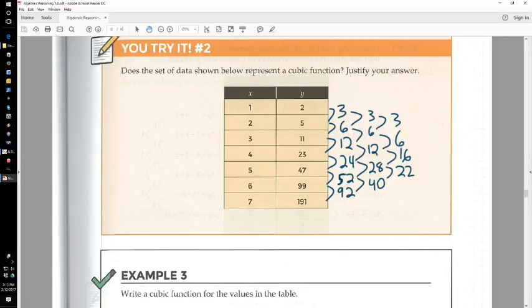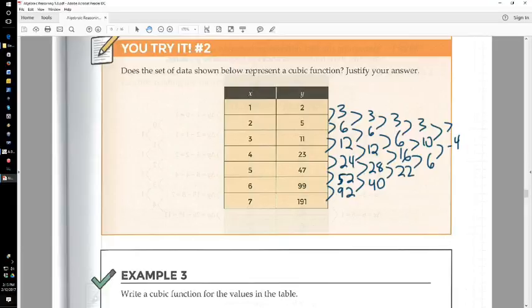Let me try it really quick. 6 minus 3 is 3. 16 minus 6 is 10. 22 minus 16 is 6. Yeah, this isn't anything. Nothing that I can see. So I don't know what this is.